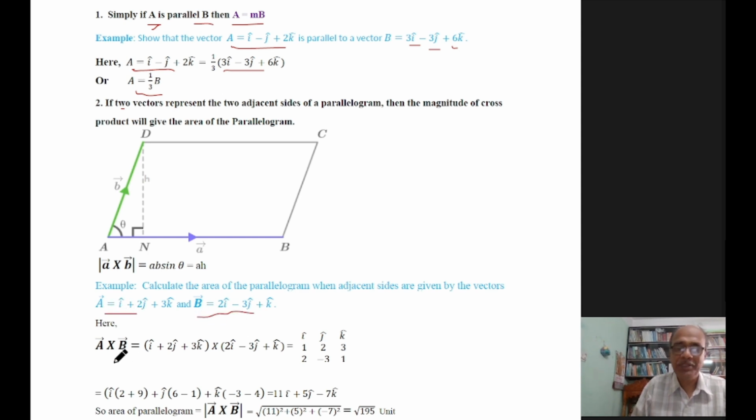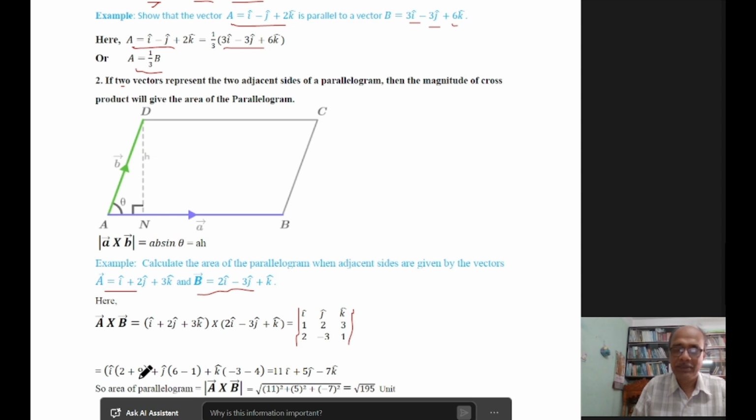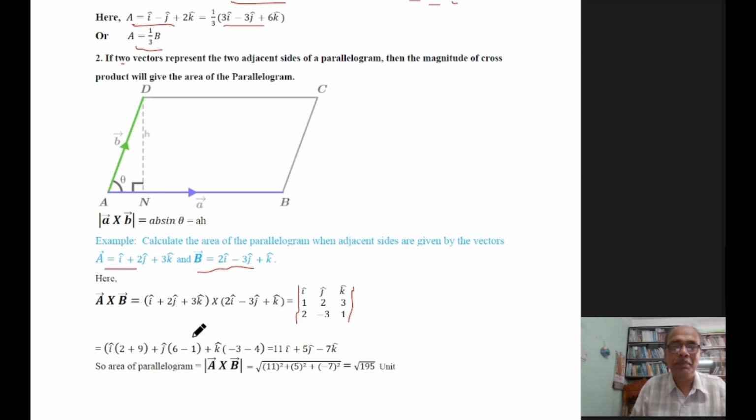Now what will be A cross B? A cross B equals, take the determinant form, and this will be the value: i times 2 into 1 minus 3 into minus 3, that equals this vector, and j these into this minus these into this, 6 minus 1, k this into this minus this into this, equal to this vector.